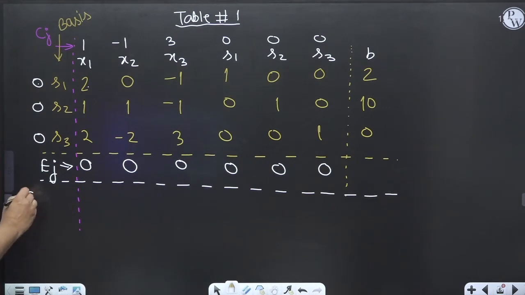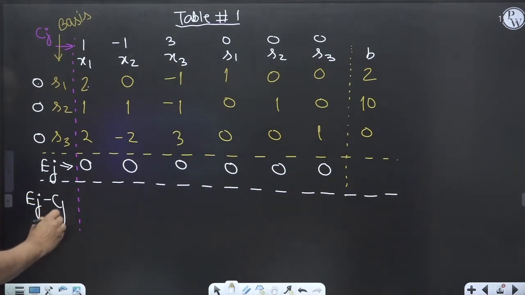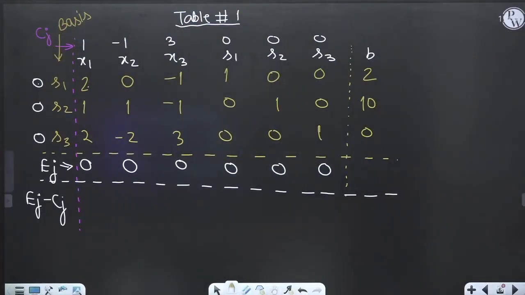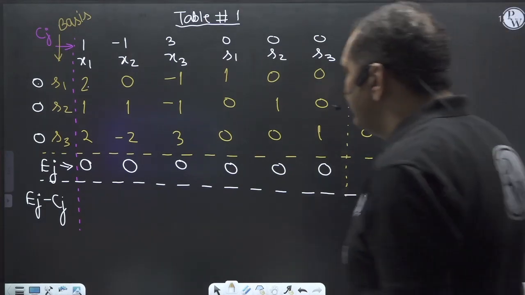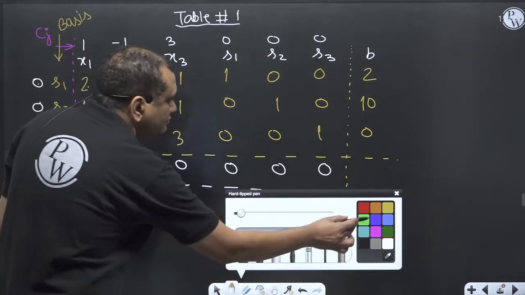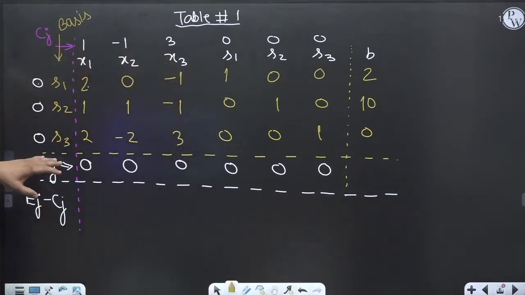Now we calculate Ej minus E0. So Ej minus E0 is this row minus this row.